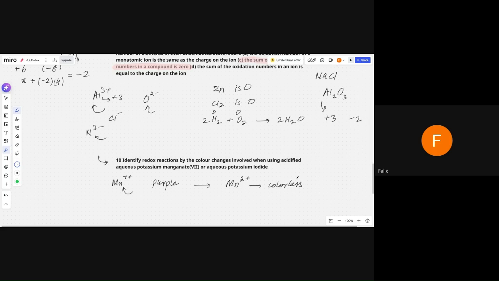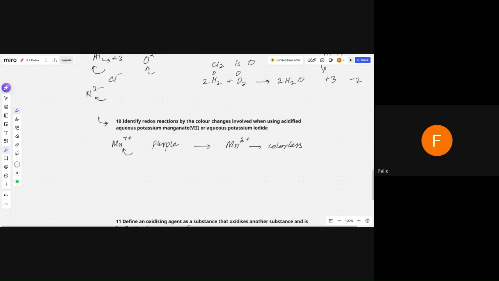So remember that: identify redox reactions by color changes involved when using acidified aqueous potassium manganate(VII) or aqueous potassium iodide.